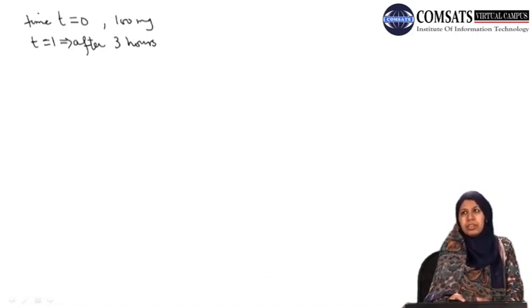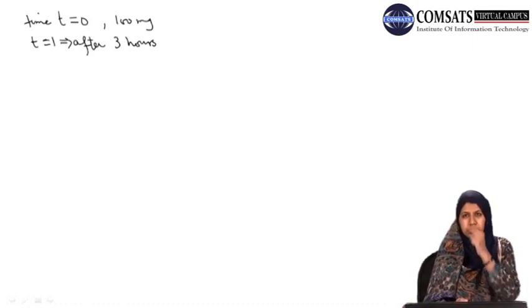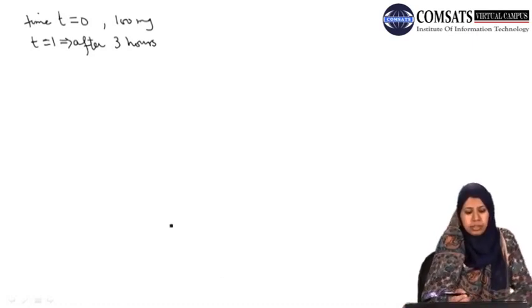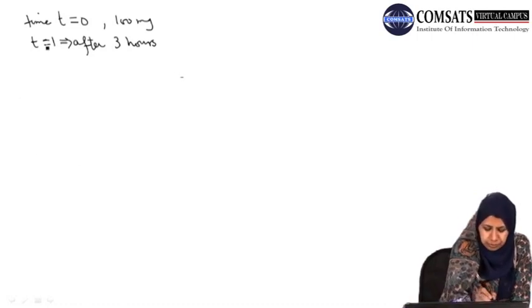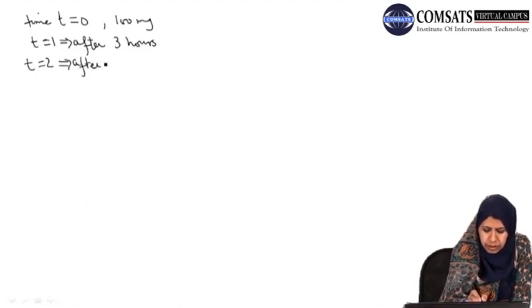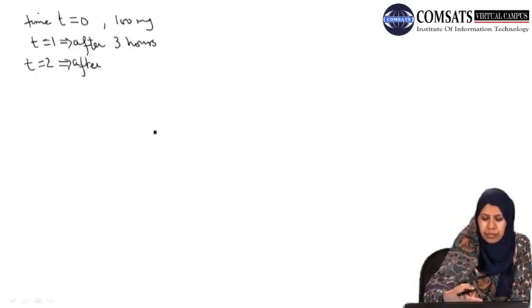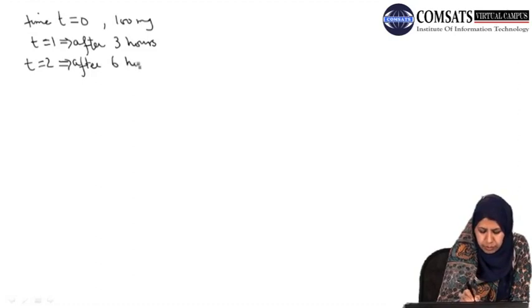The time was given in 1985, 81 and so on. We have rescaled the time. Here we will also rescale the time, that is, after 3 hours the time is 1, t will be equal to 2 after 6 hours, and for every multiple of 3 we will obtain the rescaled time as 0, 1, 2 and so on.